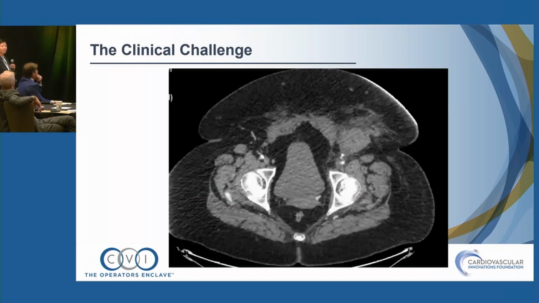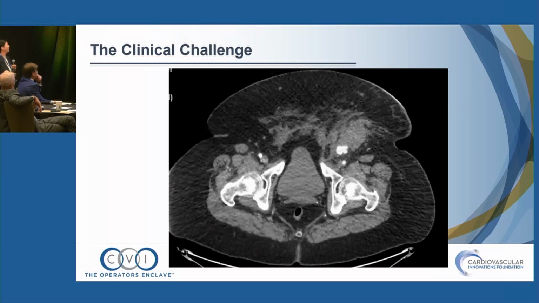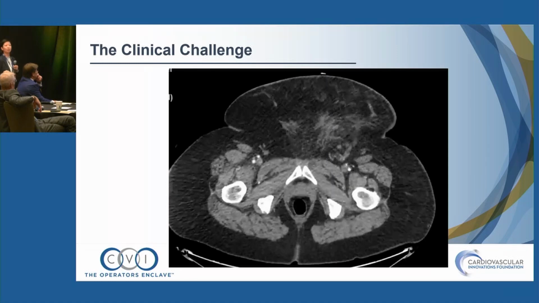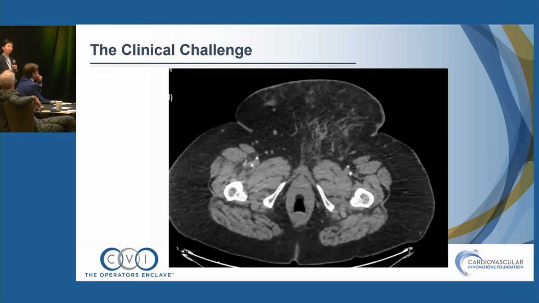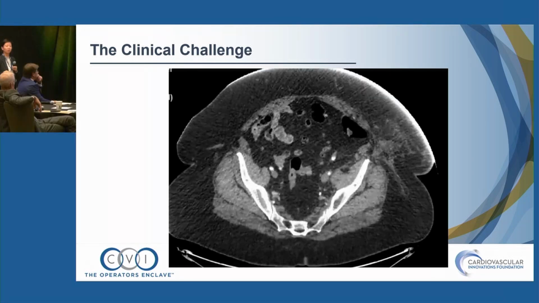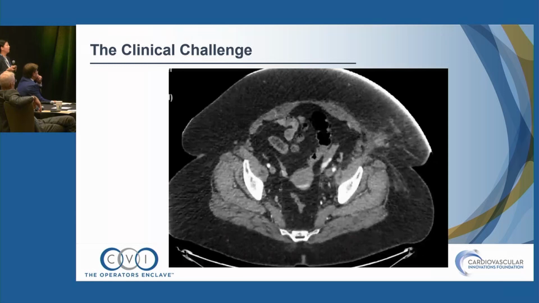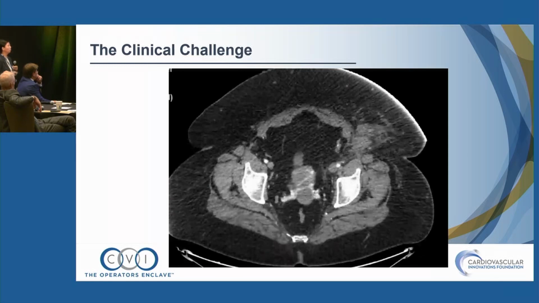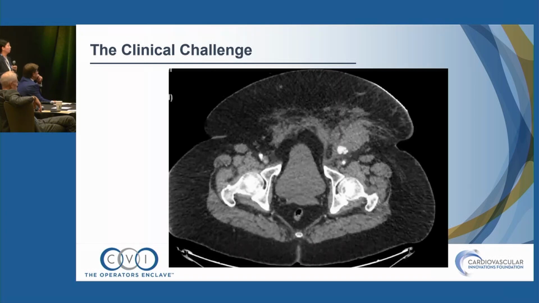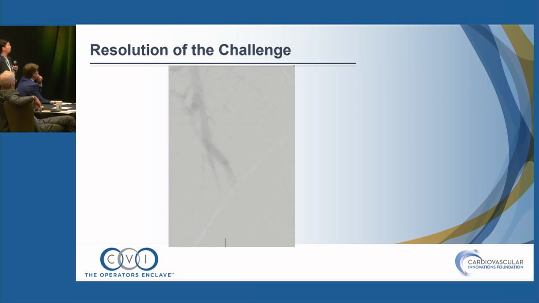That tremendous pannus would get in the way of an open repair of this really large pseudoaneurysm. So as a limb salvage team, endovascular and vascular surgery were on the call together, trying to decide the best route to fix this pseudoaneurysm. And the decision was that endovascular was likely the most appropriate approach here.